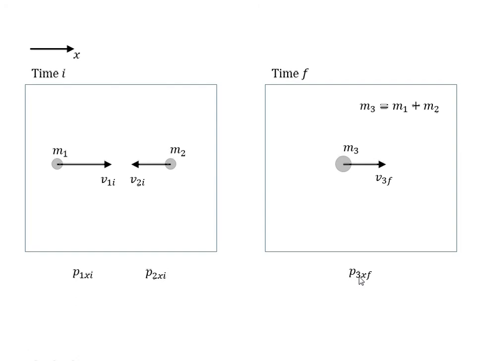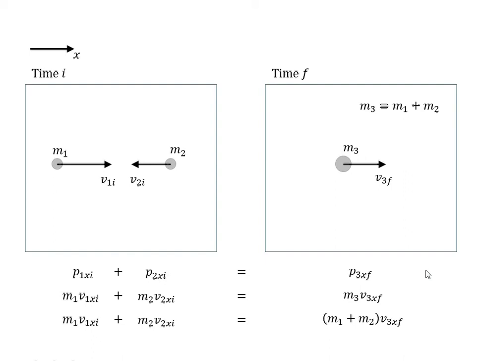All the motion here is along the x-axis, so we're going to focus on the x components. Momentum, of course, is mass times velocity, so we can write that out: mass of object 1 times velocity of object 1 as an x component, and so on. And finally, that M3, well, we know it actually is the same as the M1 plus the M2. So here we have the momentum of each object.